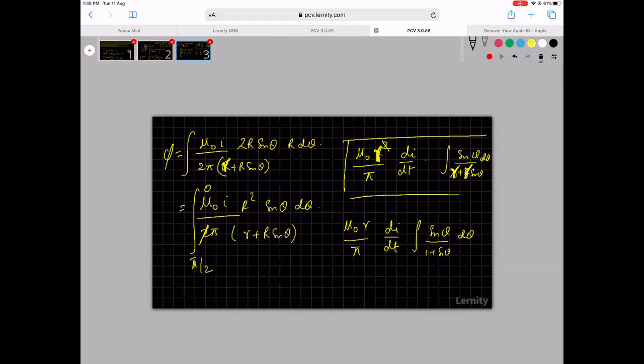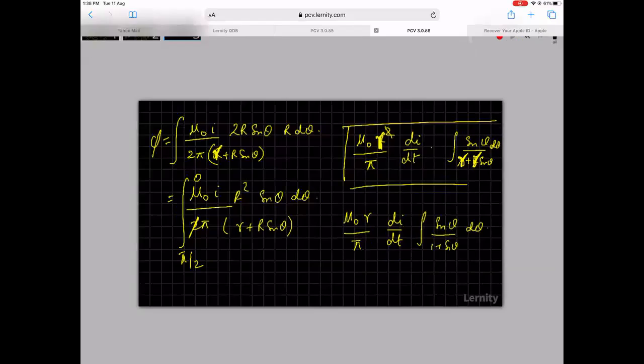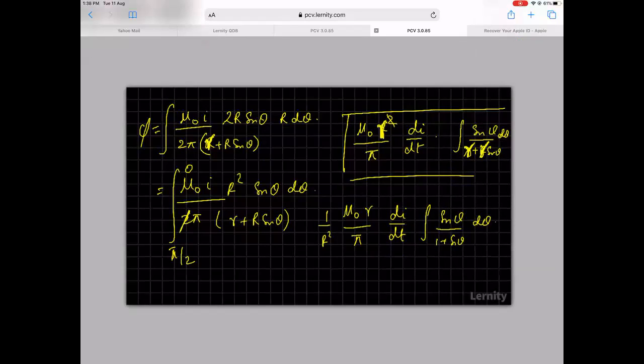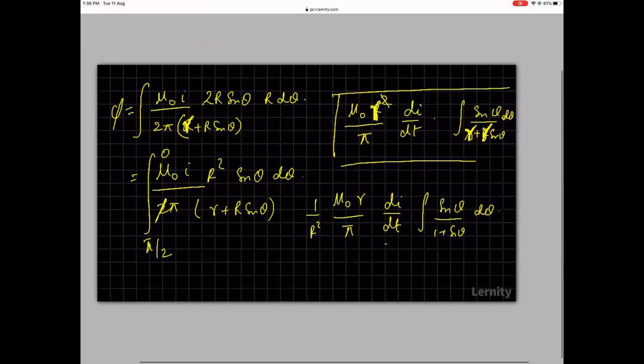Heat generated is the EMF times 1 by r squared. This is the current, I squared r dt. So dt gets cancelled. So r gets changed.